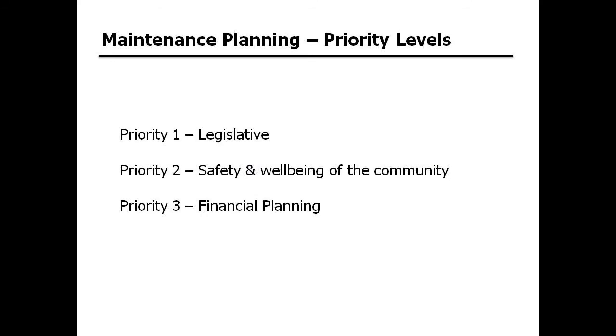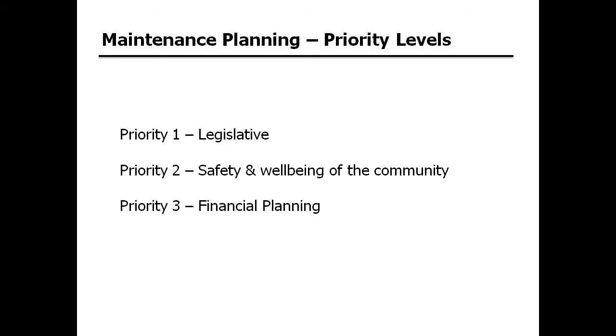So if we consider giving some type of priority on how we will respond to maintenance, we could look at just like I've got here, a simple 3 priority scale, where priority 1 would be legislative. It could be things associated with air quality issues or cooling towers with Legionnaires. It could be fire protection, those type of things.